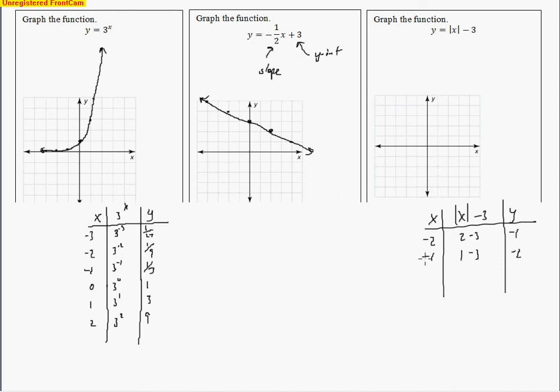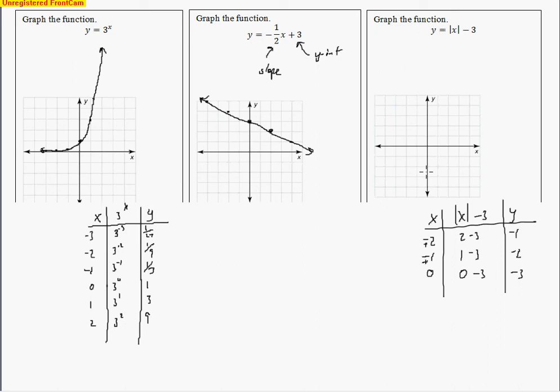Let's go on to 0 first. 0 minus 3 gives me negative 3. Notice that the positive number is going to give us the same value. Like a negative 1 gave us 1. Well, when we plug in a positive 1 for x, we're going to get the same exact number. Same thing with 2.